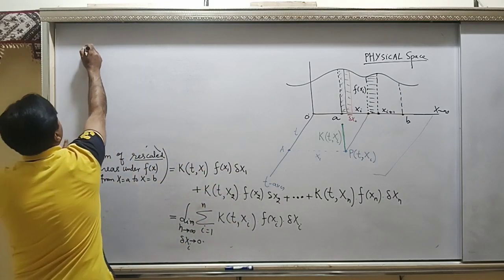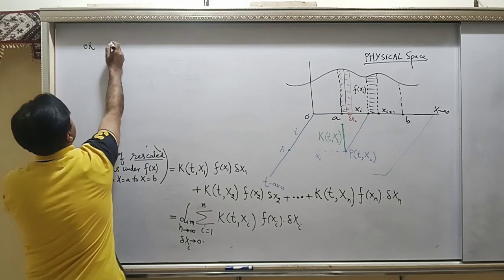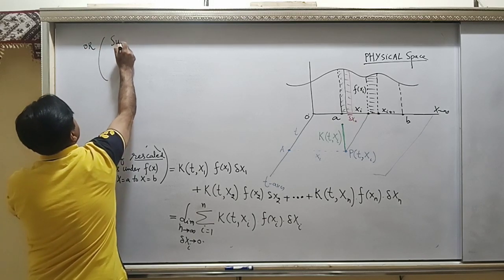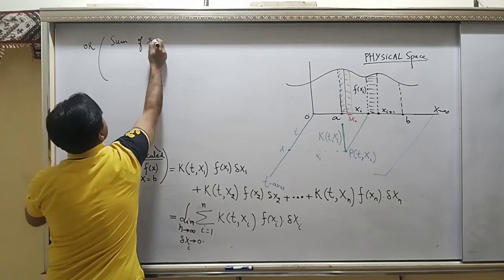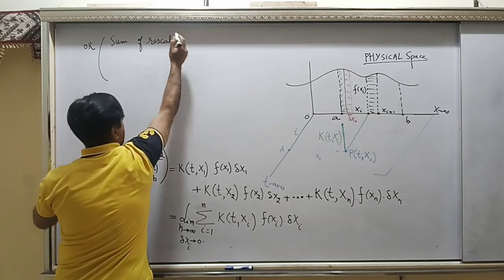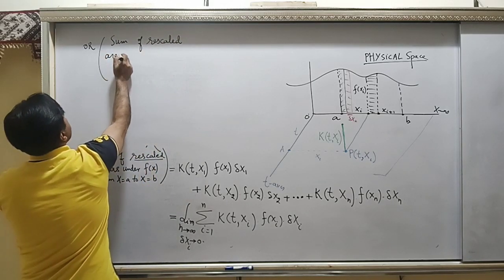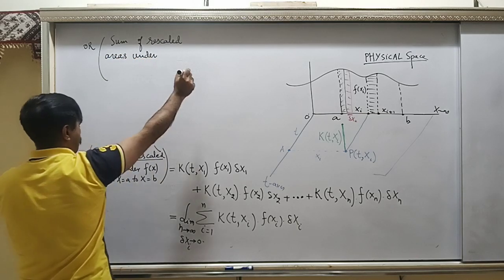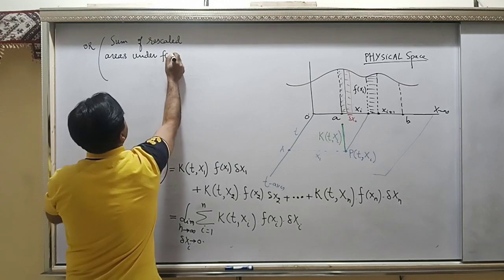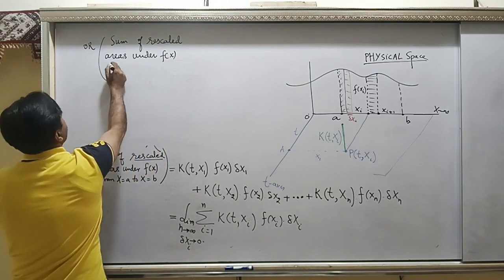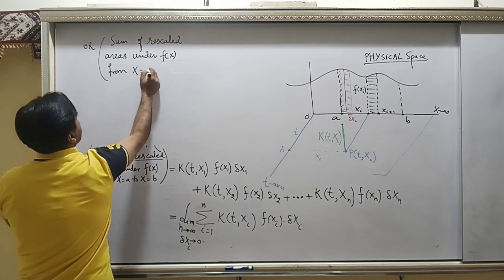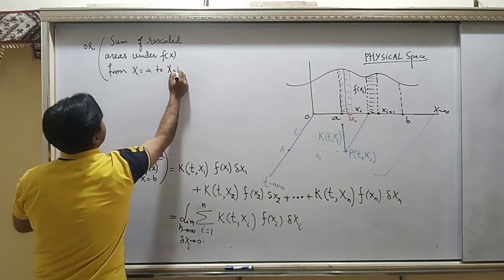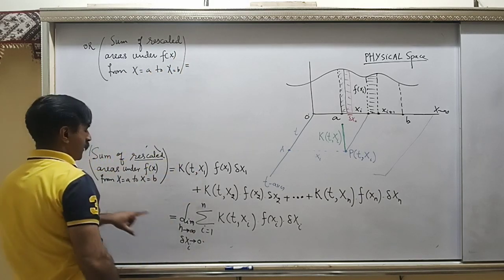So R is the sum of rescaled areas under f(x) from x equal to a to x equal to b, and this is what?